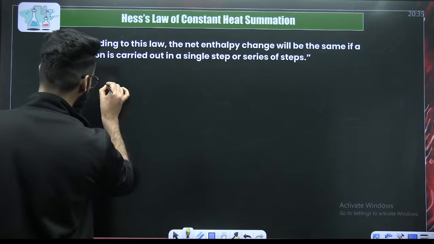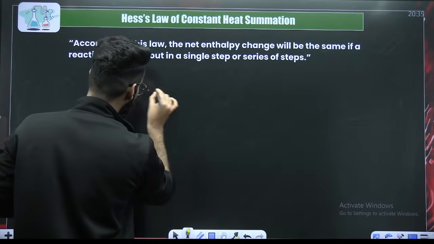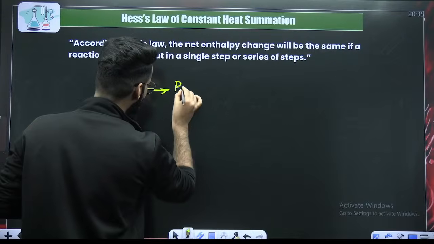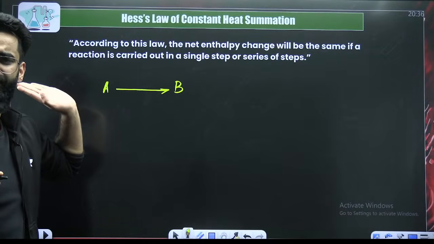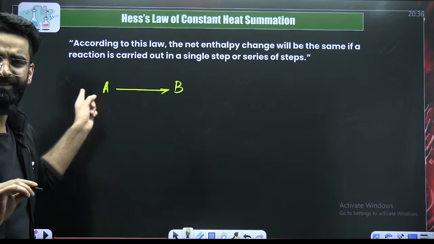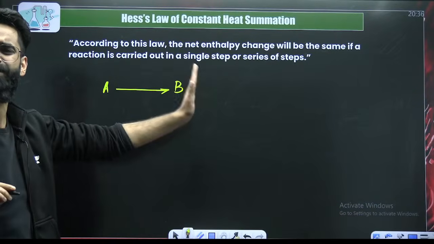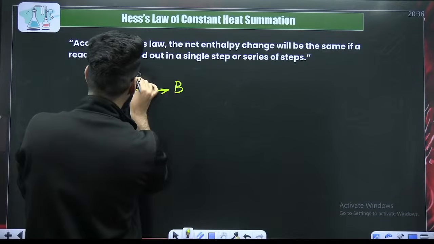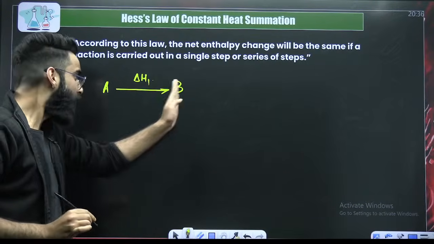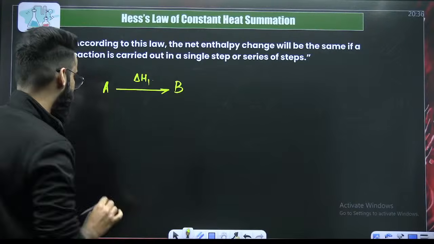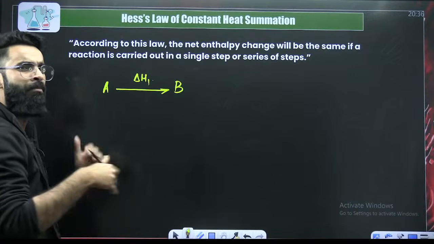For example, I've got a reaction which is carried out in a single step. A gives B. Enthalpy change over here, for example, is delta H1. Now, the same reaction is carried out in more than one step.